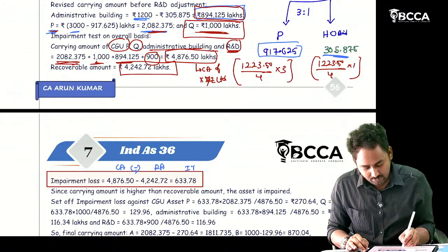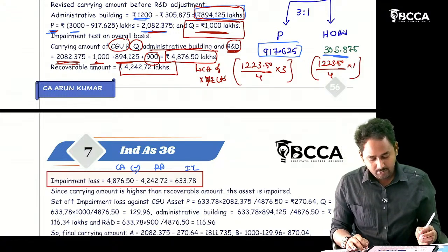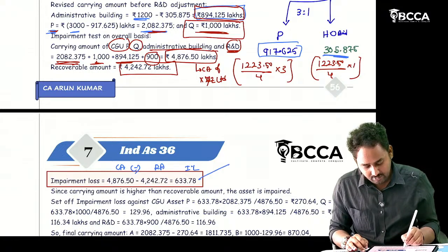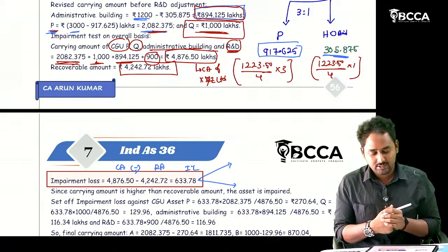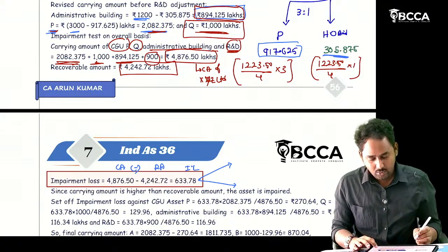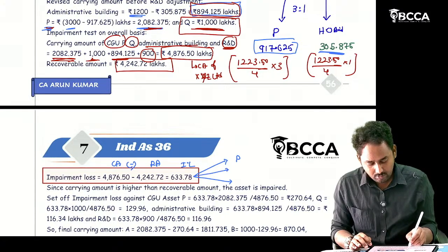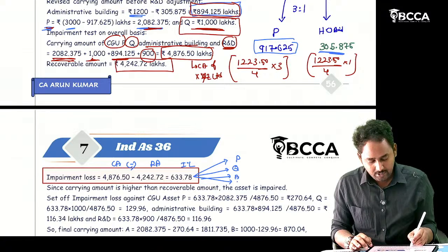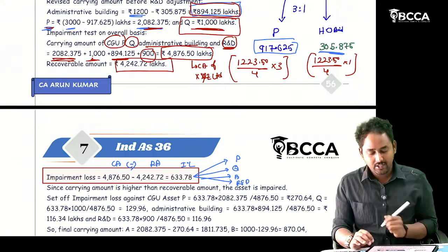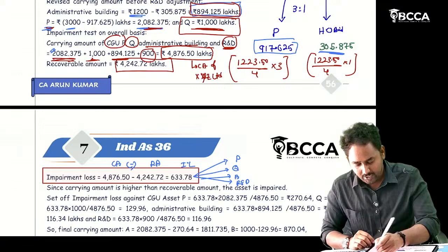This impairment loss should be allocated to all the assets: P, Q, and admin building as well as R&D, in the ratio of their respective carrying amounts.